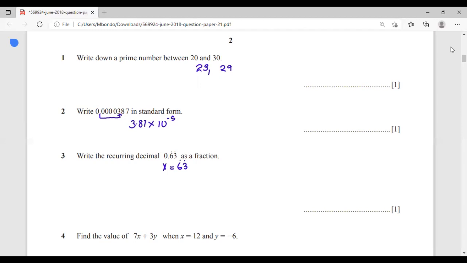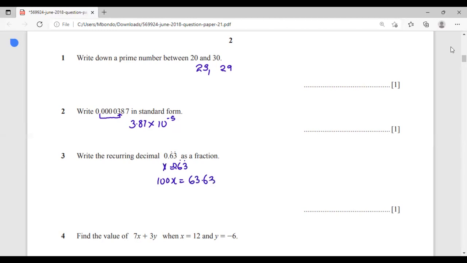We multiply both sides by 100, isn't it? Remember, this is 0 point here. Here we have 2 decimal places. So we're going to have, okay, and then this side, what are we going to have? Again, okay, we can do this.